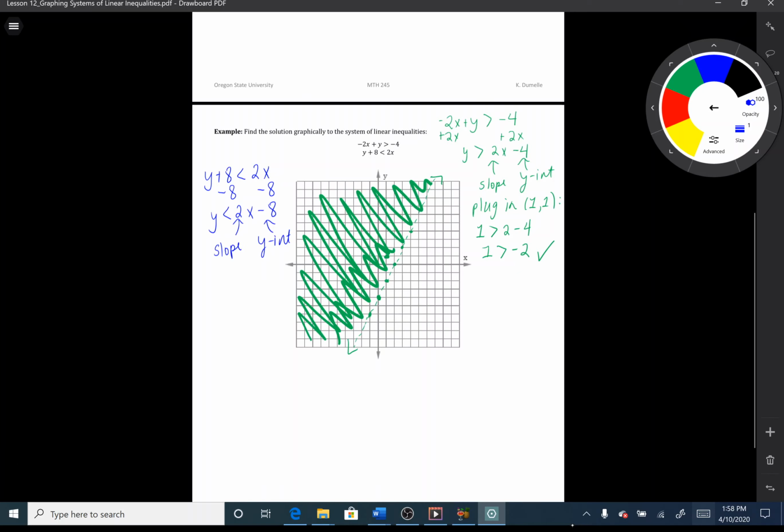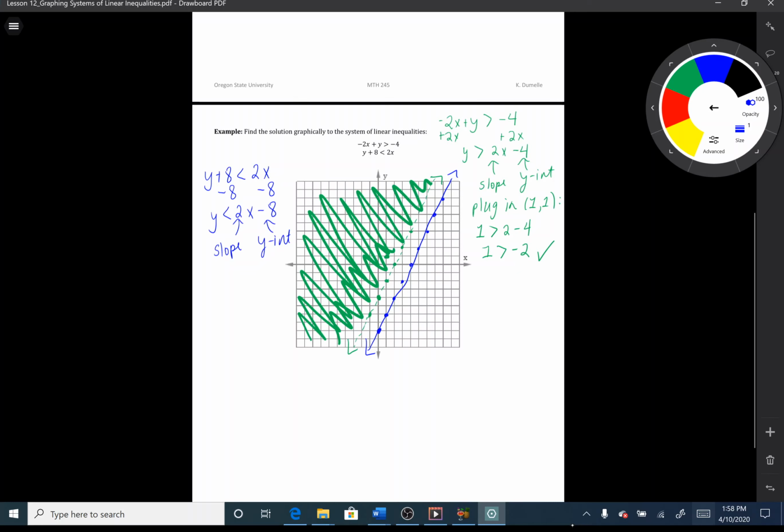So I have my y-intercept here. And I have a slope of 2. These two lines are parallel to each other, notice, because they have the same slope. So these are parallel to each other.